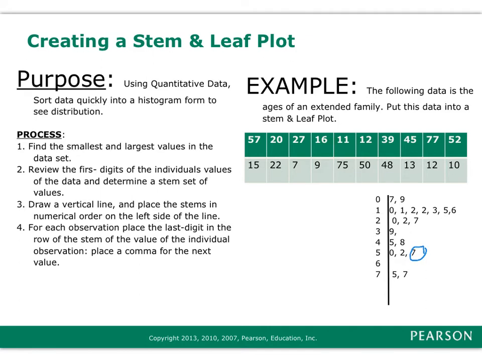And so here's our stem and leaf plot. And you can see that it's nicely distributed from the smallest ages up to the largest ages of 77 and 75.